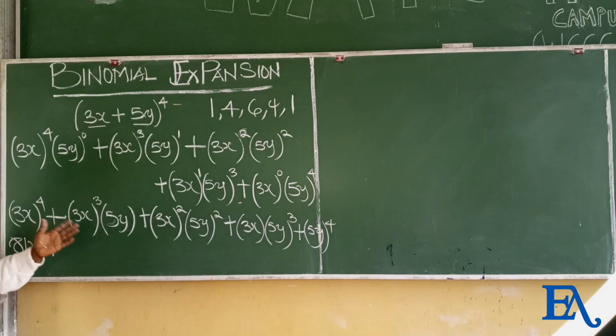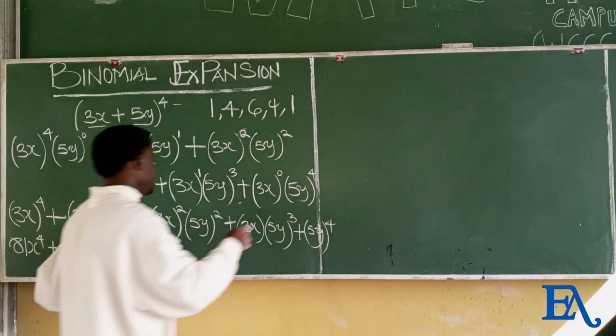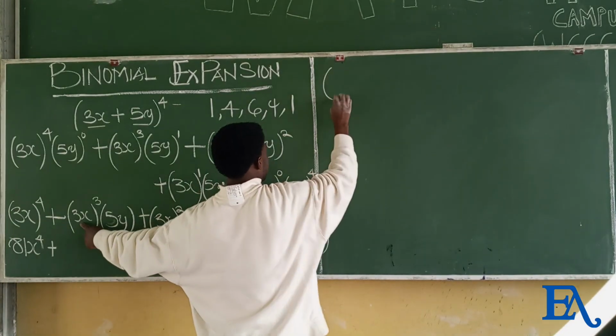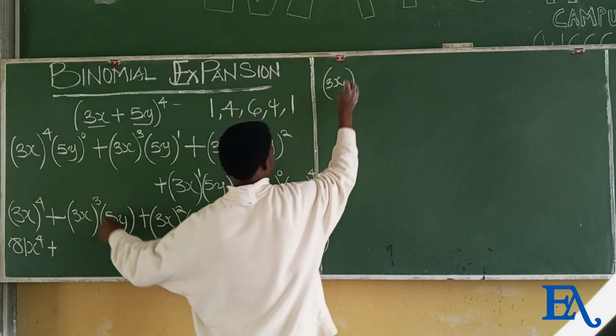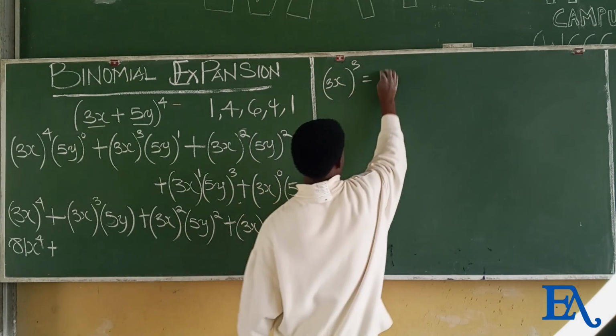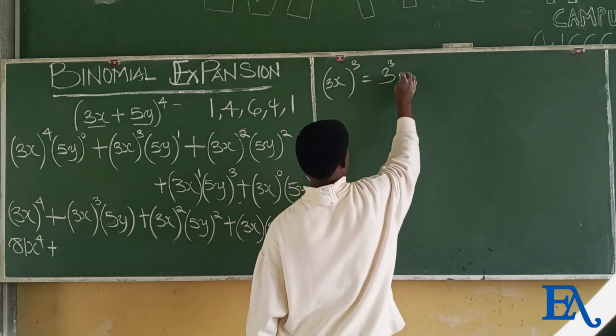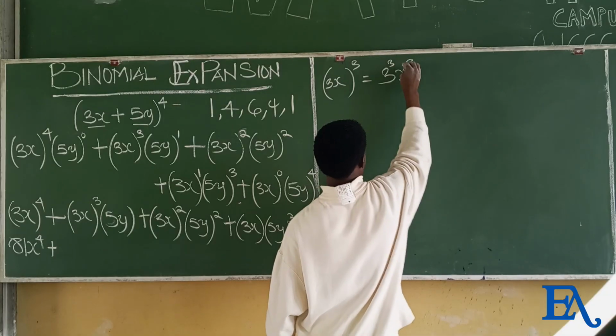Note that this is a law in indices, and this law is known as the power index. In the power index, the power is affecting all the terms in the parentheses. That is to say, 3x raised to the power of 3 will become 3 raised to the power of 3 and x raised to the power of 3.